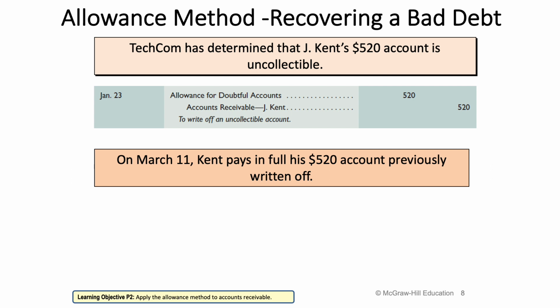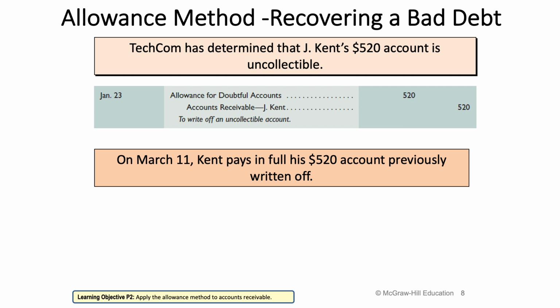Now you have a problem because you assumed on January 23 that this customer is not going to pay at all, and on January 23 we wrote off and closed his accounts receivable. But now the customer just realized that he wants to pay, and he appeared back on March 11.